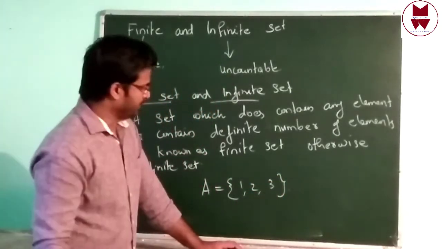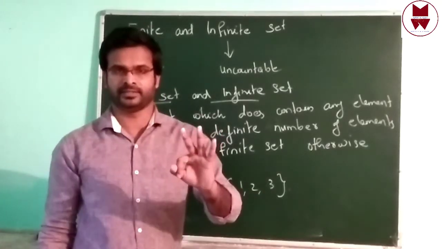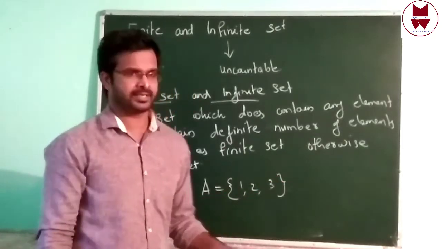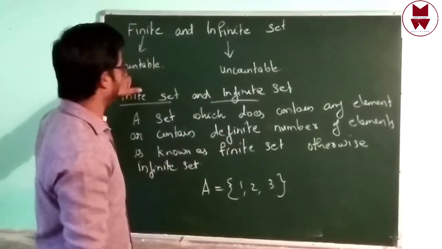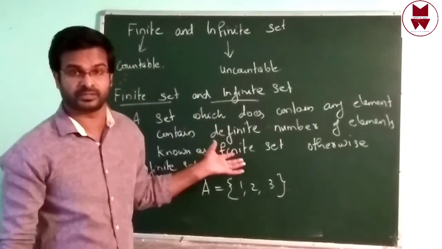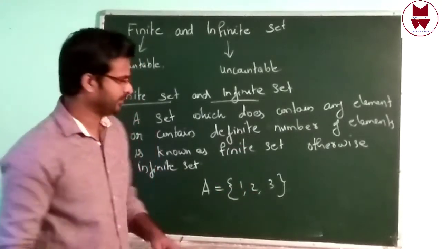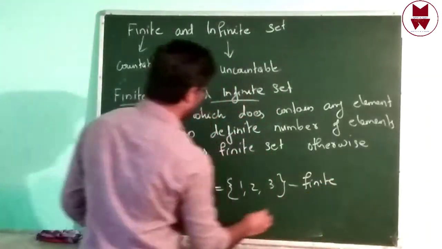Here, how many elements are there? Only 3, isn't it? We can count 1, 2, 3. Then this set A is known as a finite set because we can count, isn't it? This is countable. The number of elements in this set we can count. Then it is a finite set.